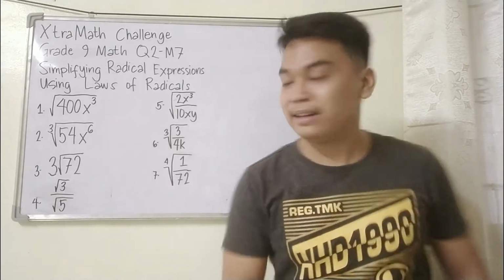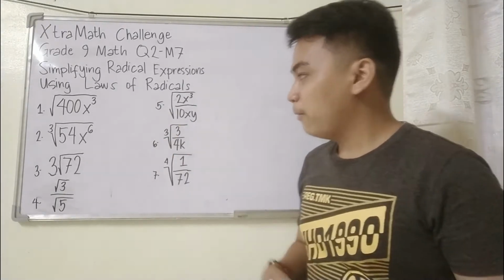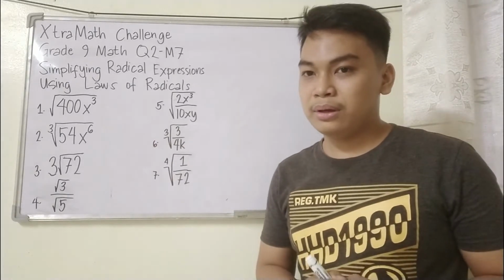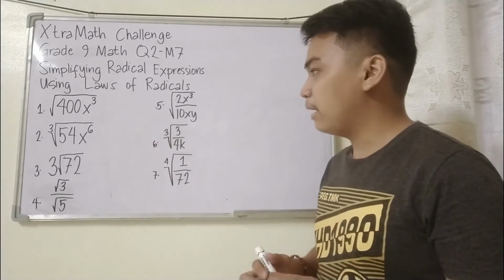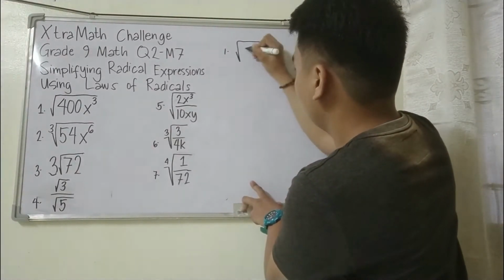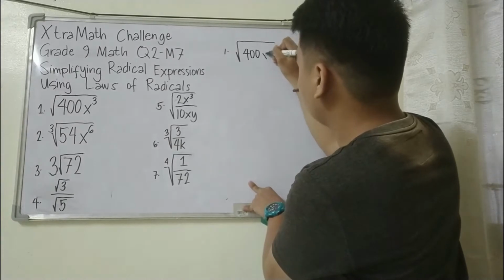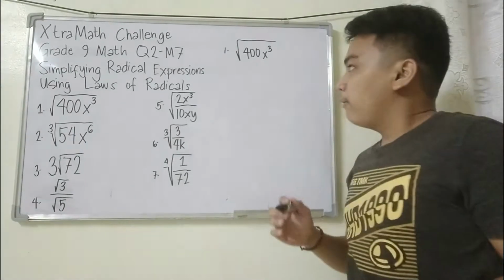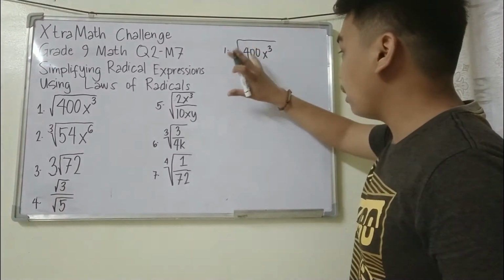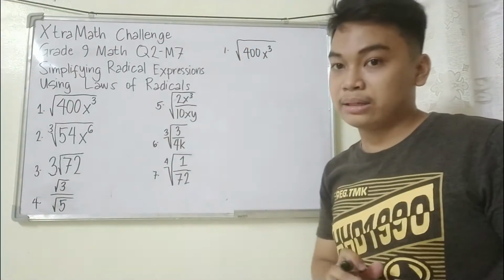So let's start. Number 1, we have here square root of 400 x cubed. So how to simplify that expression? First, to simplify this, we need to separate the constant 400 and the variable x cubed.